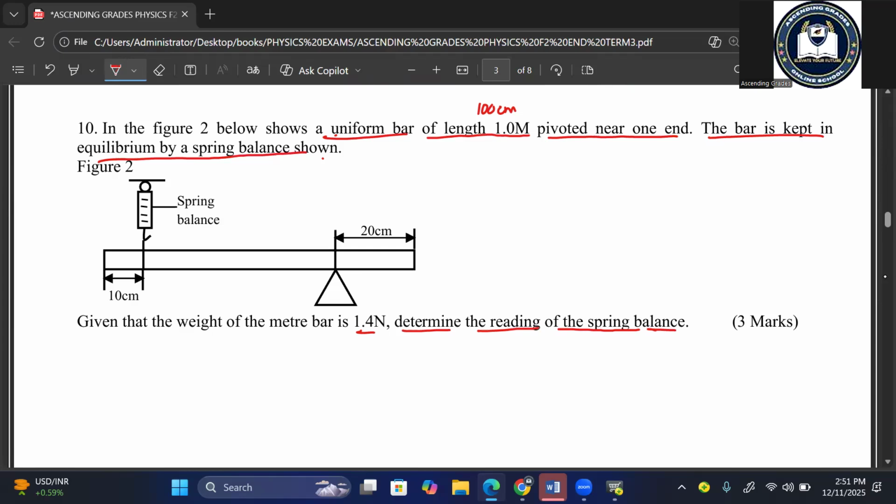So you analyze the question. From this side, we can say our midpoint is at this point. Then we have the action of the weight, which is 1.4 newton, and it is acting at the 50 centimeter mark. Then you can say the clockwise moments is equal to anti-clockwise moments.